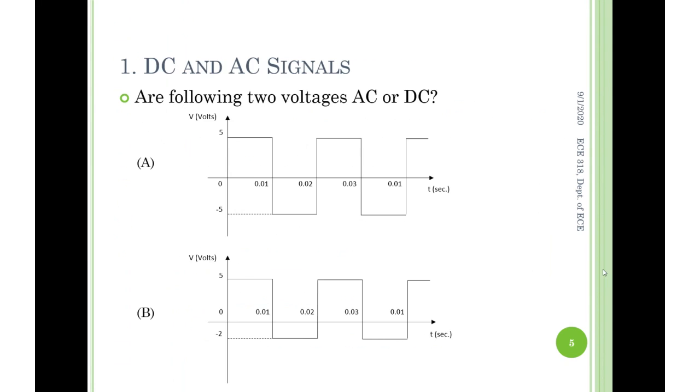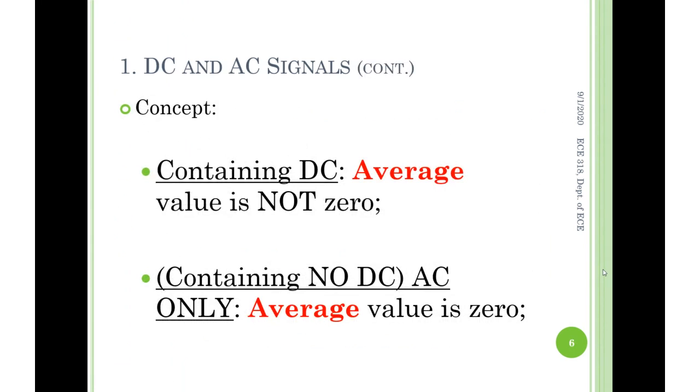So as the very last thing for today, I'm presenting the concept of DC and AC. What does it mean by containing DC? Given the signal, does it contain DC? If it does contain DC, the average of the signal is not 0. That's the concept you need to keep in your head. To tell whether the given signal has DC or not, or is purely DC, you are looking at the average.